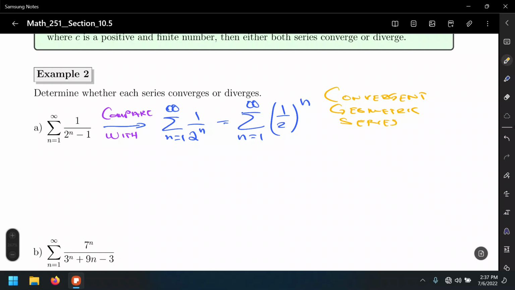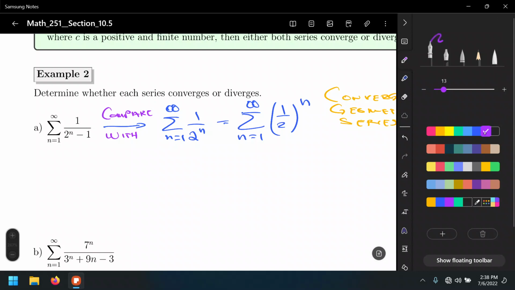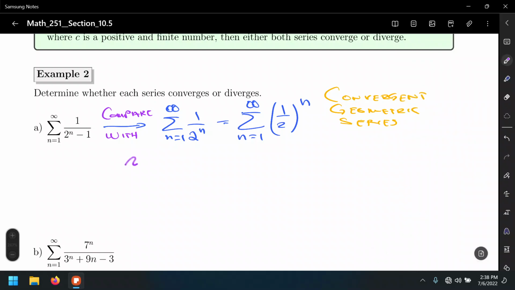Alright, if we were to do it by the direct comparison test, and you don't need to write this down, then we would need to show that tiny is less than or equal to small. Now, is 1 over 2 to the n minus 1 less than or equal to 1 over 2 to the n?